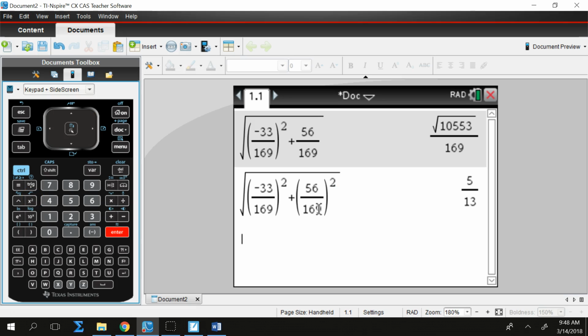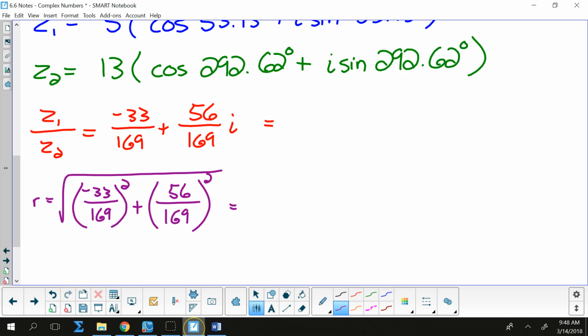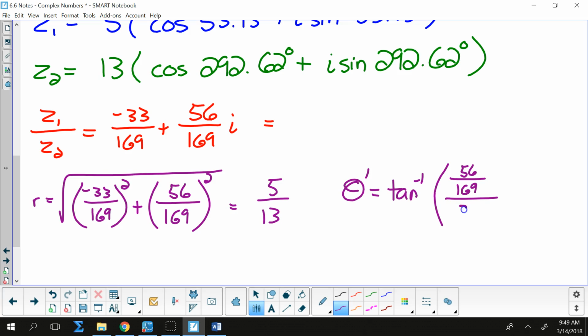There we go. 5/13. Yes? Okay. So this is 5 over 13. Now I have to find my theta prime, which is going to be the inverse tangent of 56 over 169 divided by 33 over 169, right?